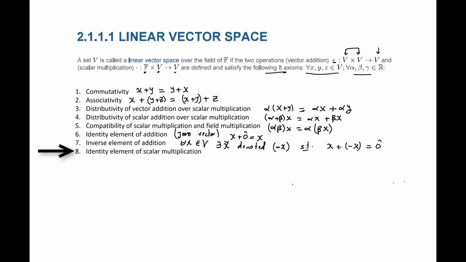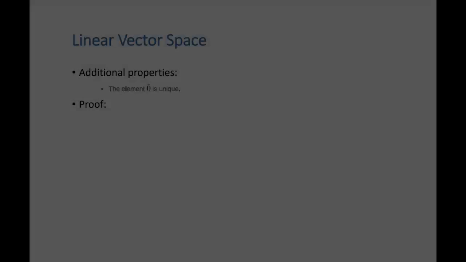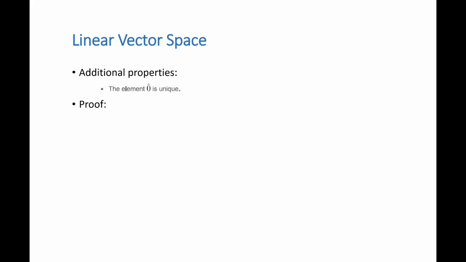And finally, the last axiom is the identity element of scalar multiplication. 1 multiplied by any vector x gives me the vector x. These axioms are the basic axioms required to define any of the linear vector spaces that we talked about. These axioms can be used to show additional properties for all these linear vector spaces.